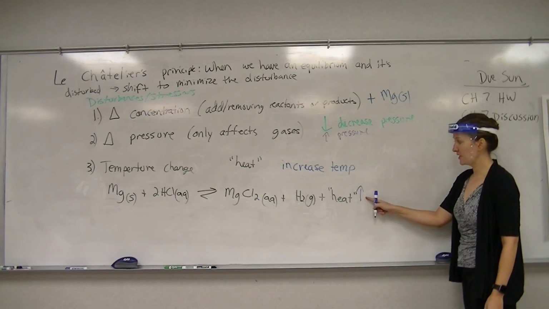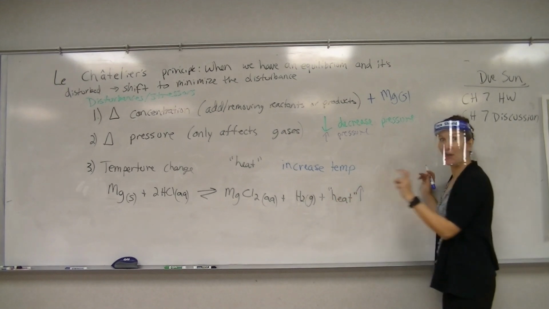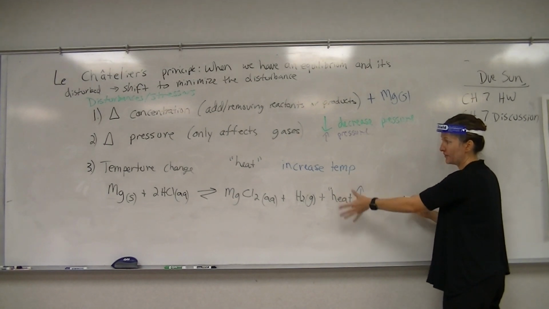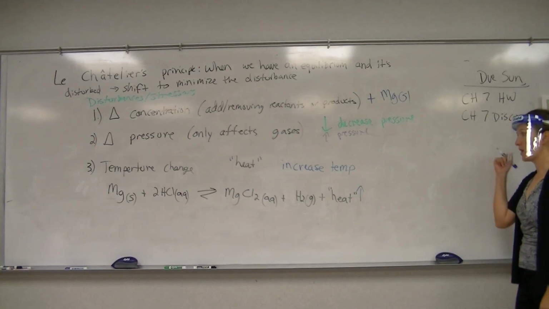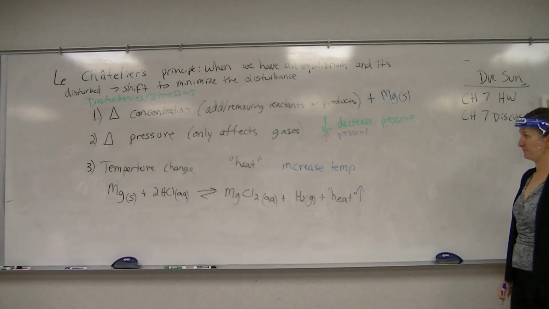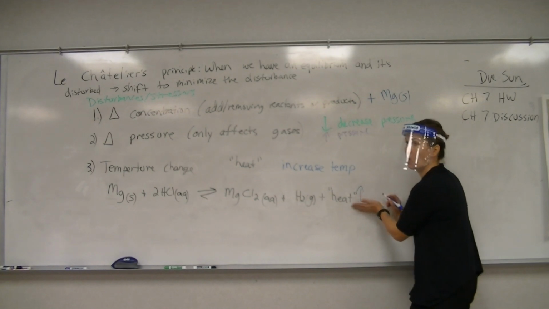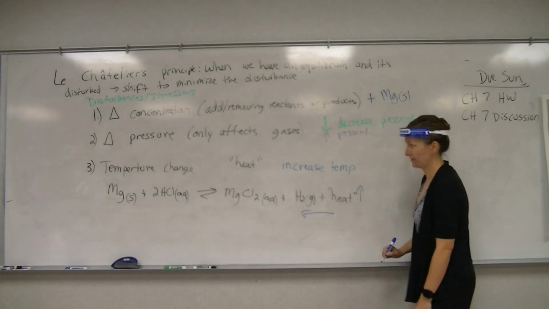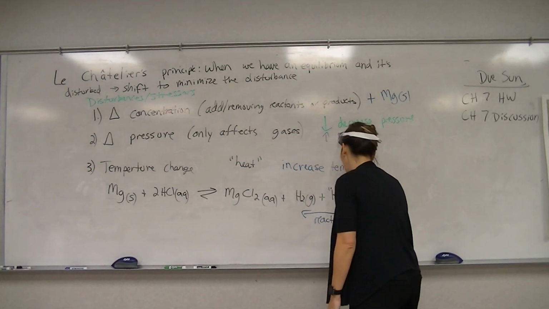So we've disturbed the equilibrium. It's almost like we're increasing the concentration of heat, if you will. So we have too much heat and we need to get rid of it. Which way are we going to shift to get rid of it? Towards products or towards reactants? Towards reactants. So we want to shift away from where we added the extra. And away is towards the reactants in this case. So we're trying to get rid of that extra heat.